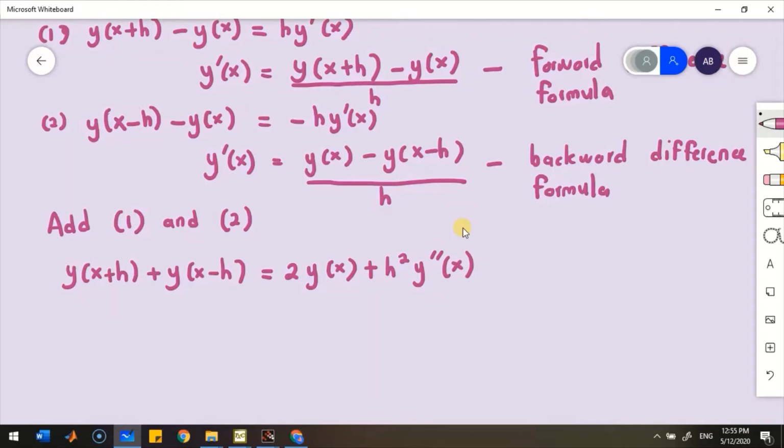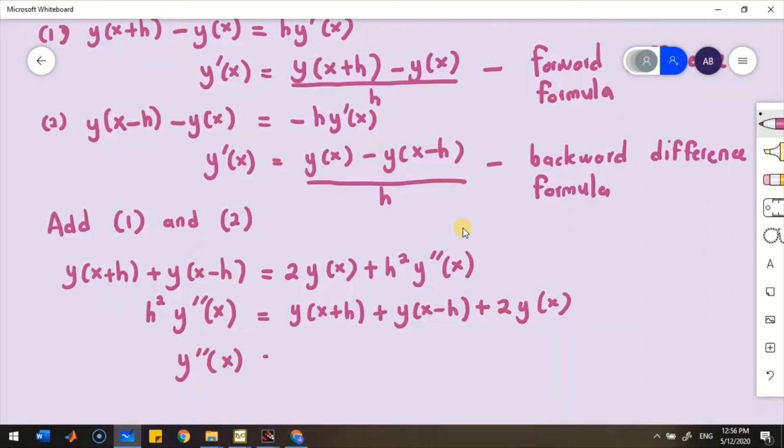Now writing in the form of y double prime, don't forget h squared here. Write the 2y(x) on the left hand side. So I have y(x+h) + y(x-h) - 2y(x), and divide everything by h squared.